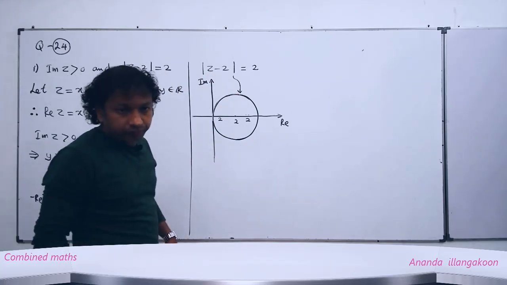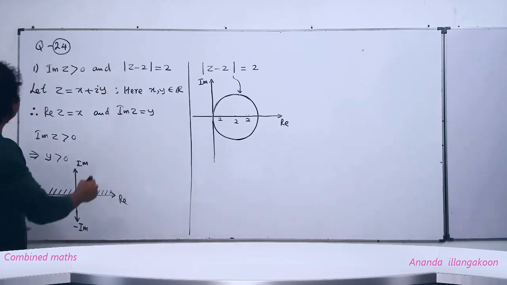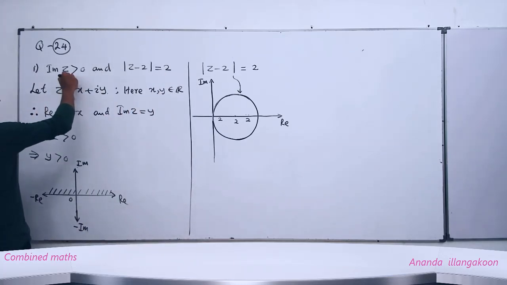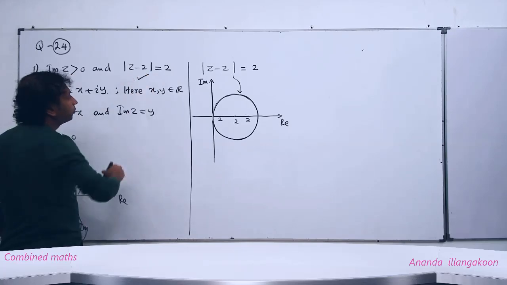Now we need to find the common region for this and this, the region for this and the region for this.